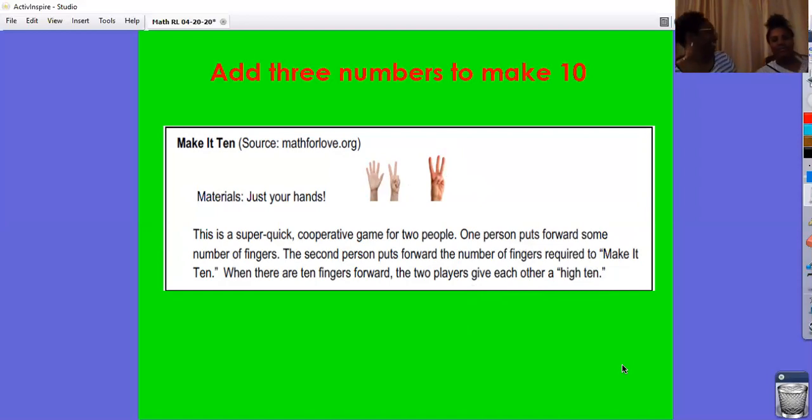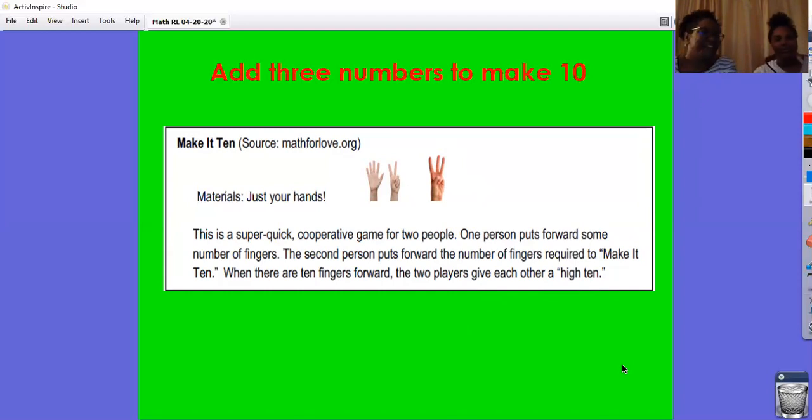All right, let's try that. All right, it looks like she's got 5 plus 6, 7, 8, 9, 10. Great. 5 plus 3 plus 2 equals 10. Great.